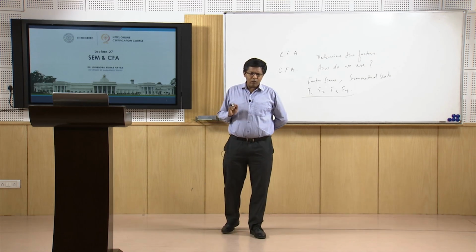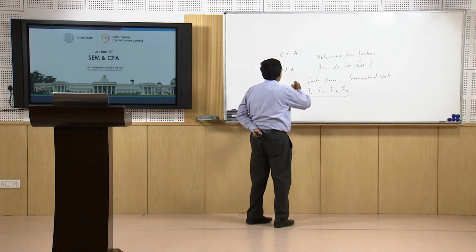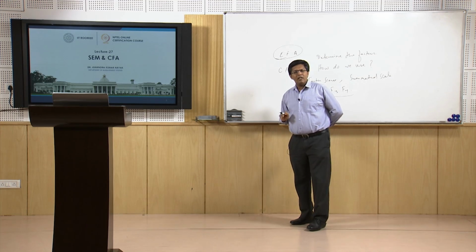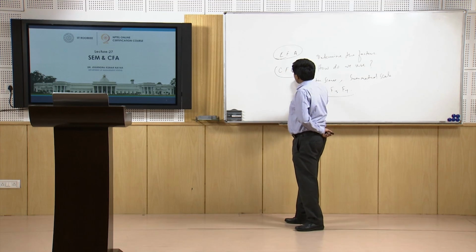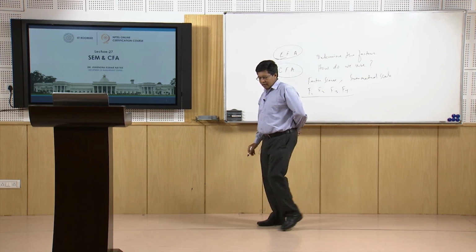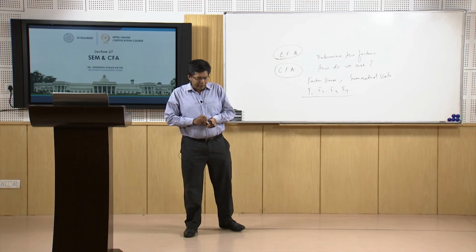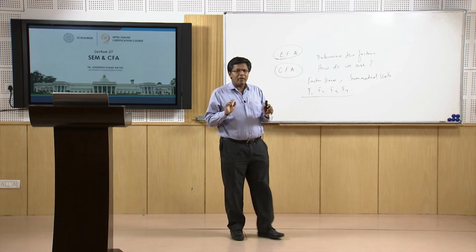That was the first part, which is called the exploratory. The second part is called the confirmatory factor analysis. Now, why is it called confirmatory factor analysis? If we see, the purpose remains the same.